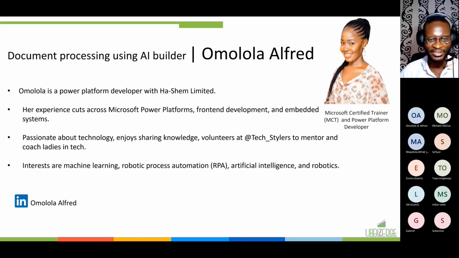Her interests are machine learning, robotic process automation, which I think is what she's covering for us today, and artificial intelligence and robotics. You can connect to her on LinkedIn. Just type her name, make sure the picture beside the name looks like this one, and send a friend request. So Omolola, the stage is yours. It's a pleasure to have you.